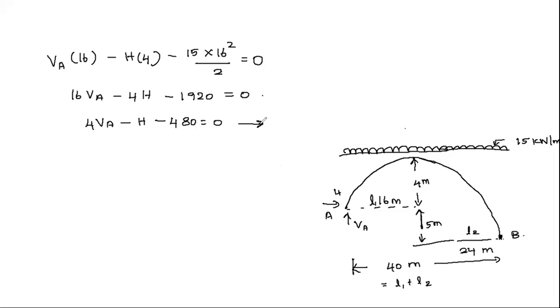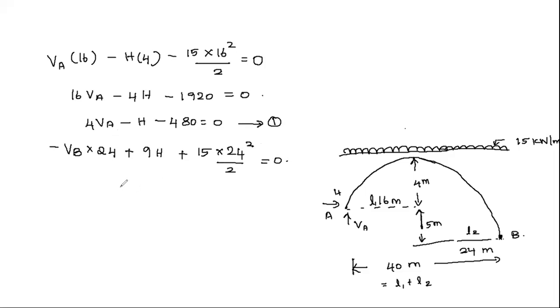So let it be equation 1. So considering the equilibrium of the right hand side, minus VB into 24, the distance is 24, plus H into the height, which is 9, so 9H, plus 15 into 24 square divided by 2, which is equal to 0.